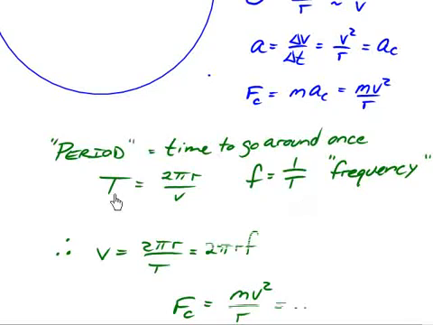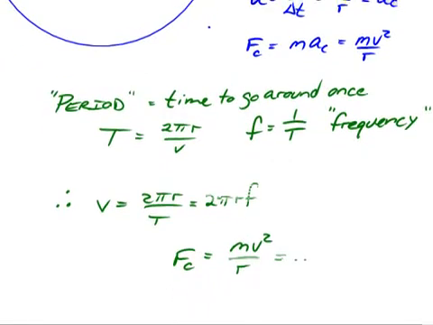But if you measure the period in seconds, the frequency would be revolutions per second. If you measure the period in minutes, then the inverse of the period, that is the frequency, would be revolutions per minute. If you measure the period in days, then the frequency would be revolutions per day.